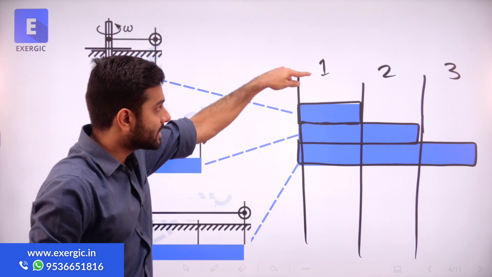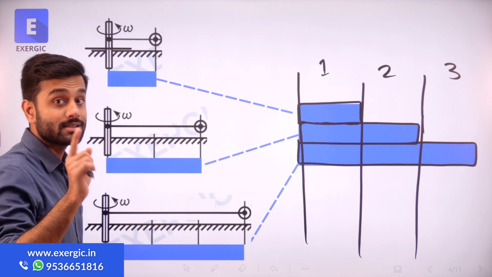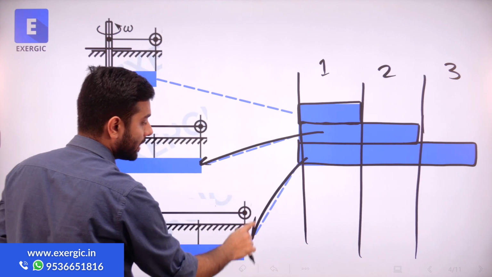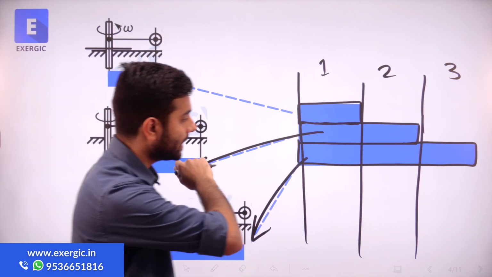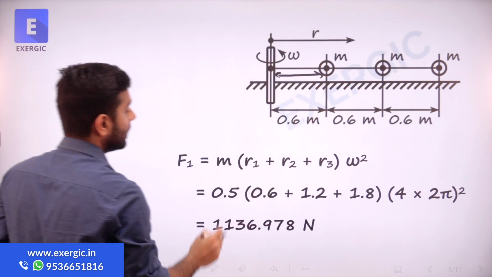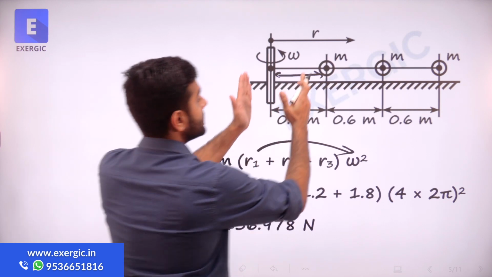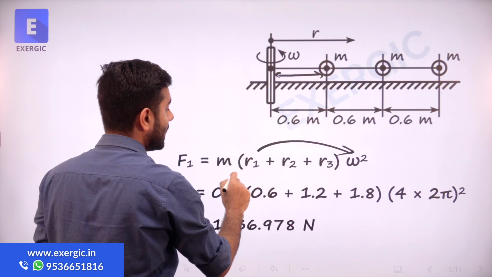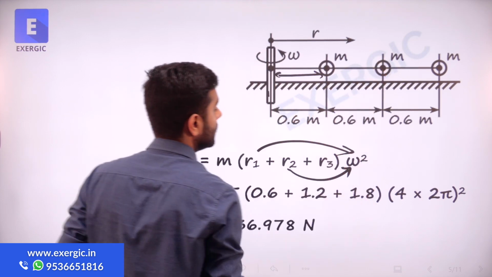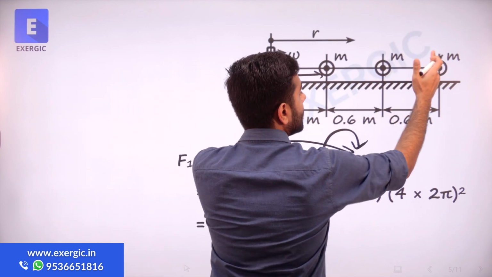So in the first section, the force will be m r omega square due to this, plus m r omega square due to this, plus m r omega square due to this. That is what we are going to do here. When only this is r, then m r2 omega square when r is 1.2, then m r3 omega square when this entire length is the radius.